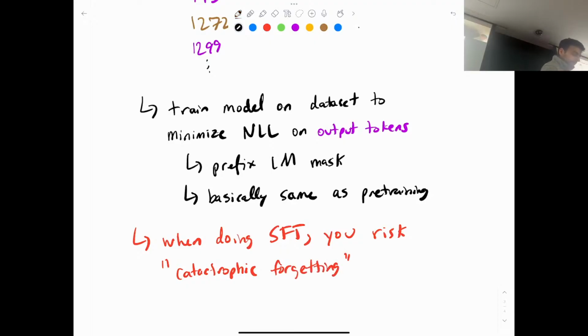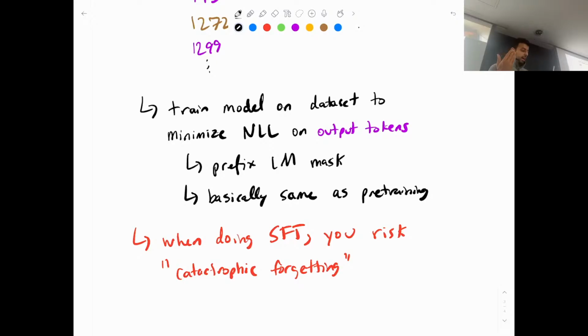Essentially, your model will become very good at the task that you care about, in this case addition, but it will lose its abilities for other tasks that it acquired during pre-training. It might lose some factual knowledge, or the ability to translate or write stories that the base model had. It might become very good at the one task that you fine-tuned it on, but really bad at all the other tasks.